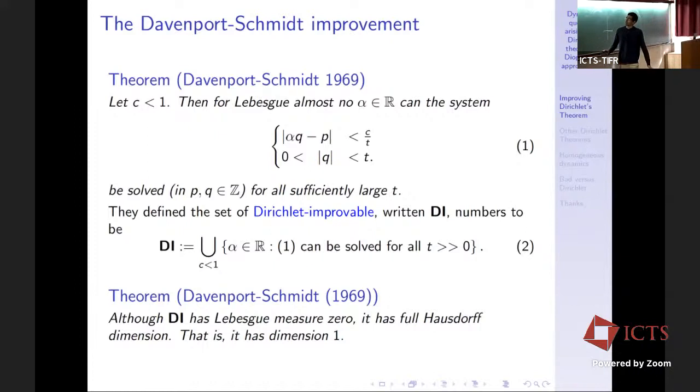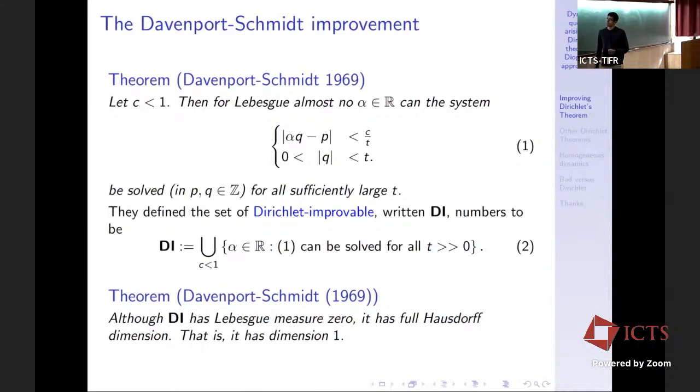There's a lot of quantifiers here, but they gave this definition, the set of Dirichlet-improvable numbers, written DI, which is the set of all real numbers alpha such that this system, |alpha q minus p| less than c over t, with q between 0 and t, can be solved for all sufficiently large t.